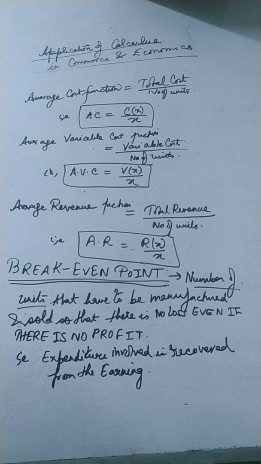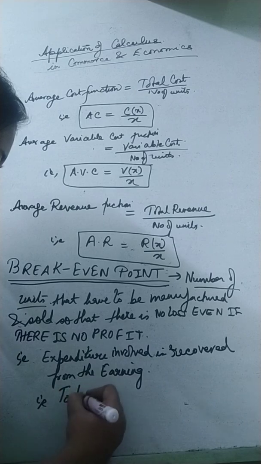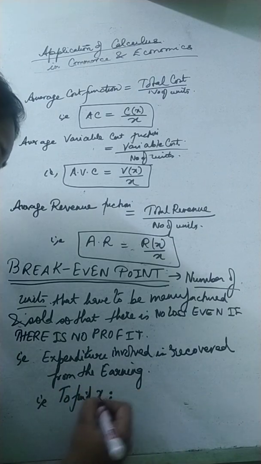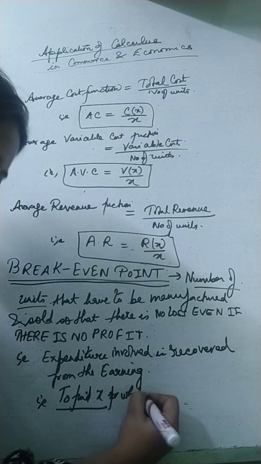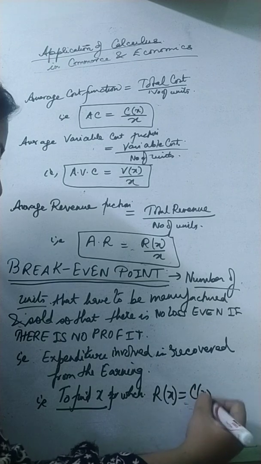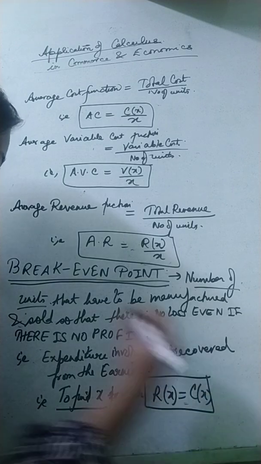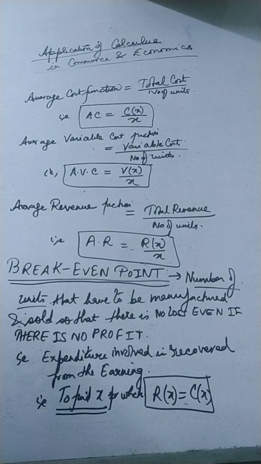from the earning. And that means basically you have to find the value x. It is the number of units for which the earning is equal to expenditure. You find x for which Rx is equal to Cx.